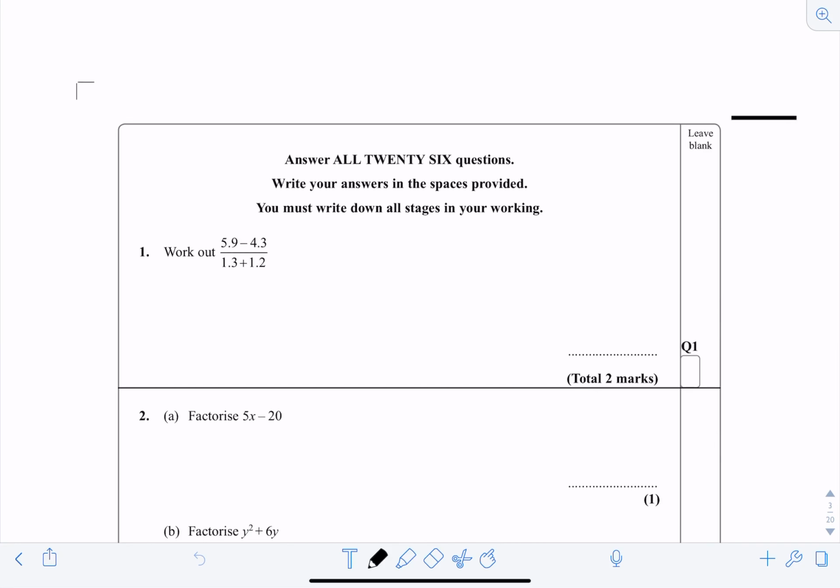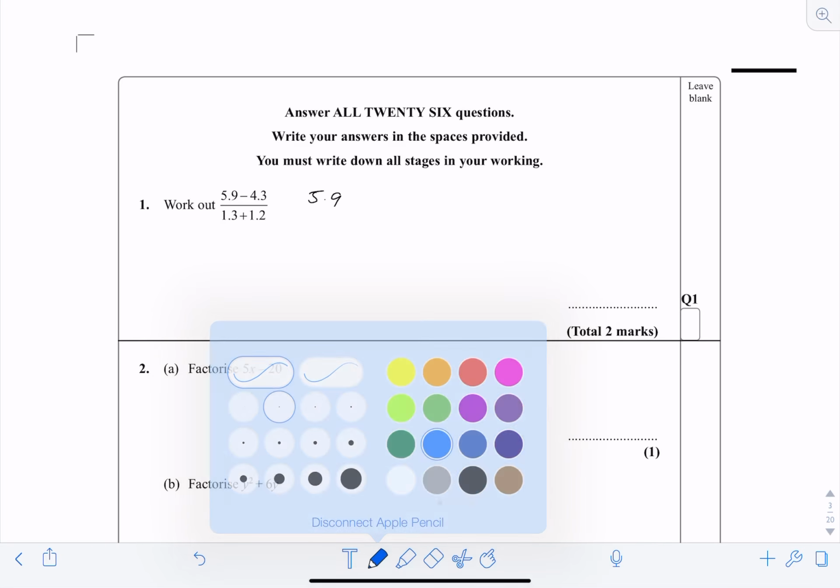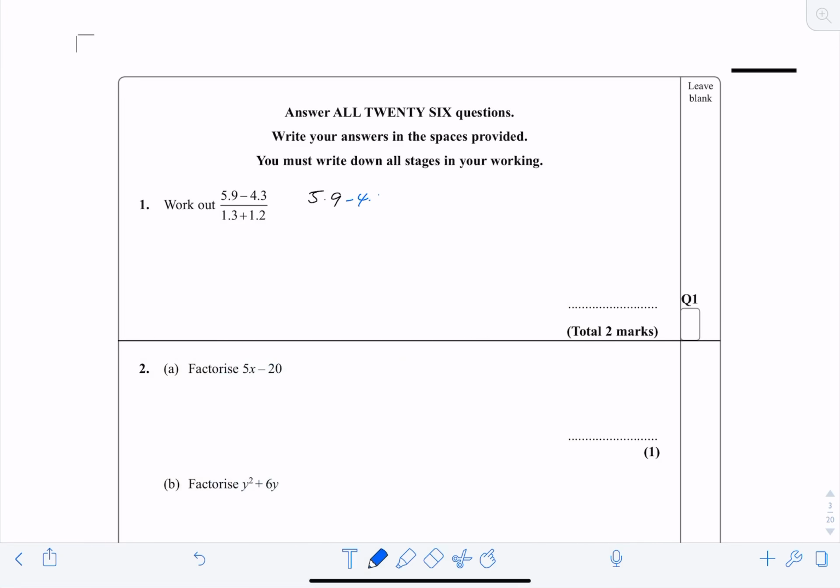Okay, so we've got this one right here. This is a calculated job. 5.9, I'll do it in blue, minus 4.3 over 1.3 plus 1.2.